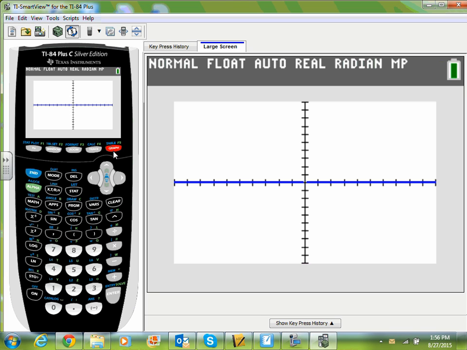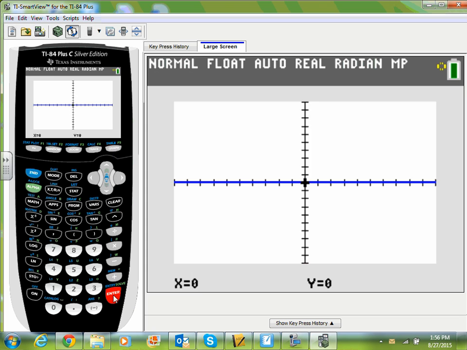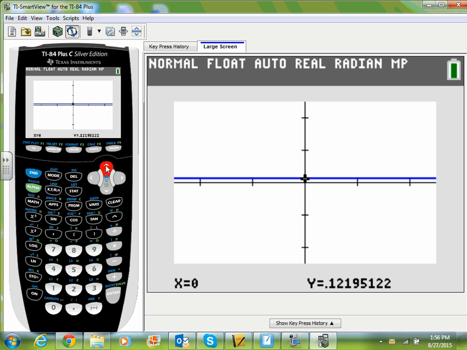Alright, and I want to know what my value is at approximately 0, so I'm going to zoom in around to 0 to see if it'll give me a better answer. And so I can kind of see that my graph is just up in between 0 and 1 somewhere.